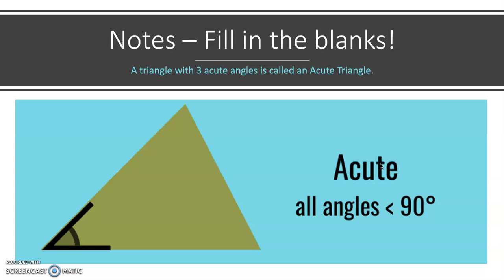So on your notes, let's fill in the blanks. Here I show you a triangle that has 3 acute angles. If a triangle has 3 acute angles, it is called an acute triangle.